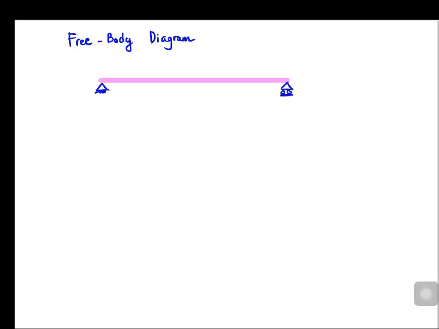A free body diagram is an essential part of a static analysis of beams. All forces acting on the beam need to be displayed on the FBD if a correct equilibrium solution is to be obtained.